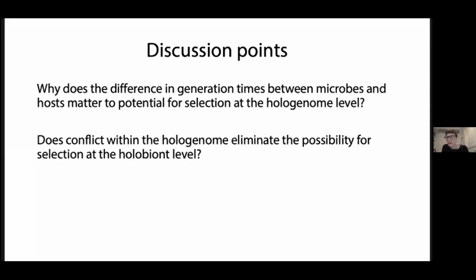Lamarck thought that giraffes would be stretching for the leaves, and then they would grow their necks, and this trait could then be passed on. This is kind of what the hologenome does, because, as I think you nicely put it, Anton, in one of your reviews, you can call this acclimatization on a shorter time scale that can then be passed on and lead to adaptation in the longer run.